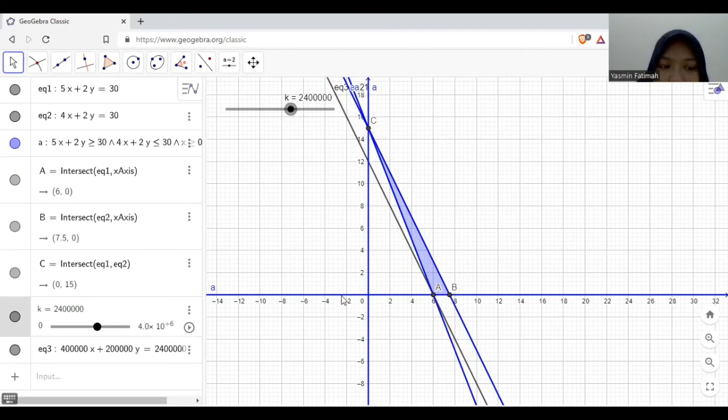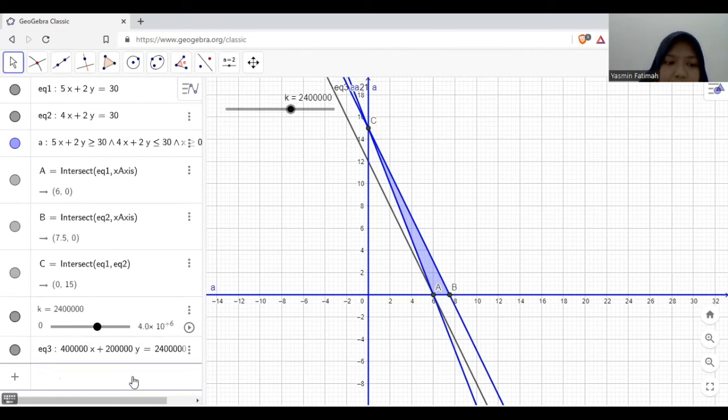So from this, we already know that the minimum value of the problem is 2,400,000 rupiah.